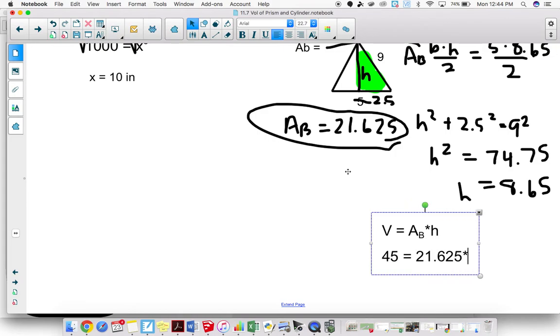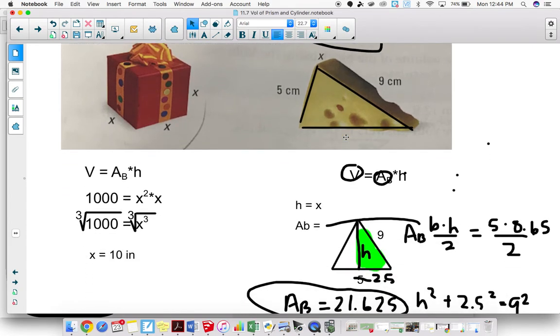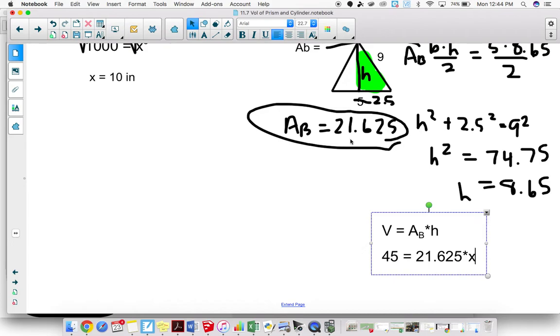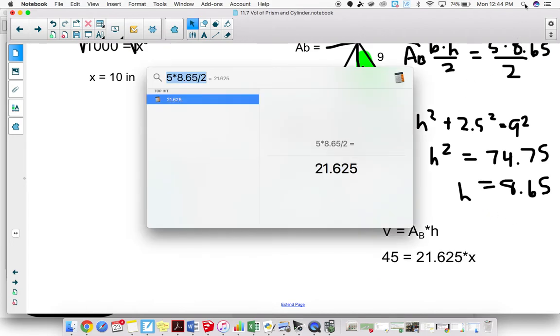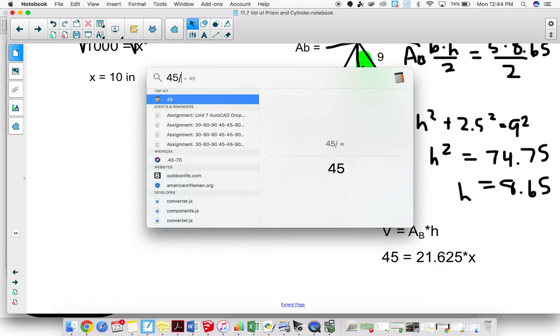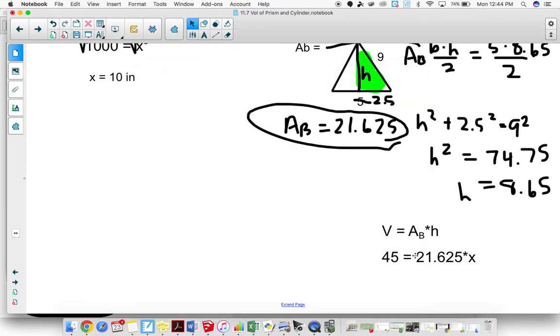And the height was x. Yeah, the height, remember, is not how tall the triangle is. The height is the space between the two parallel faces. So that's our x. So now if we divide by 21.625, we get 2.08 to represent our height.